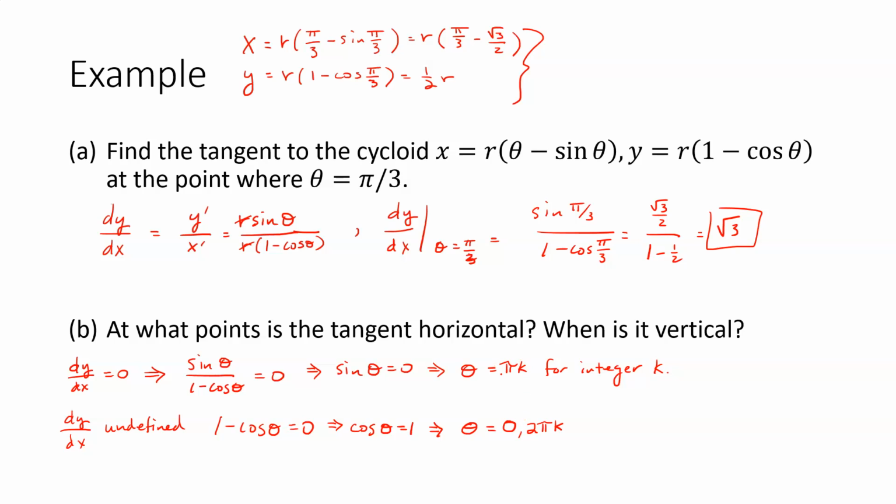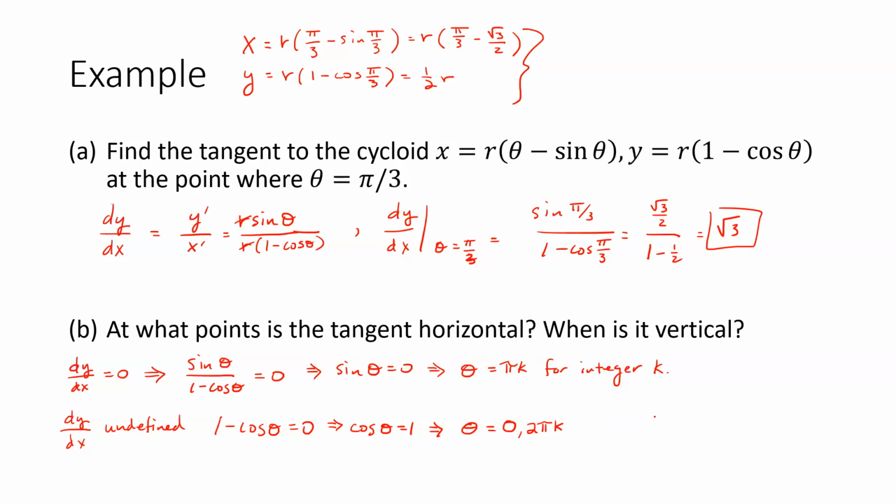Notice that coincides with some of these values where we also have horizontal tangents. So notice that sine of theta is going to equal 0 at some points where cosine of theta is equal to 1.